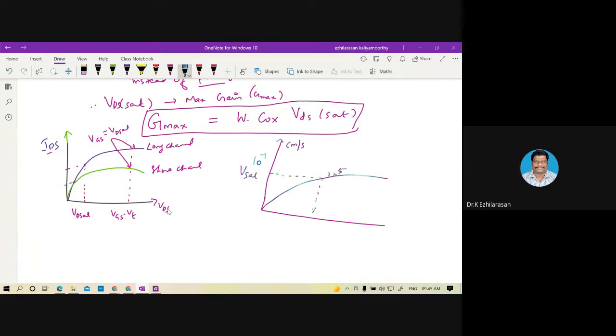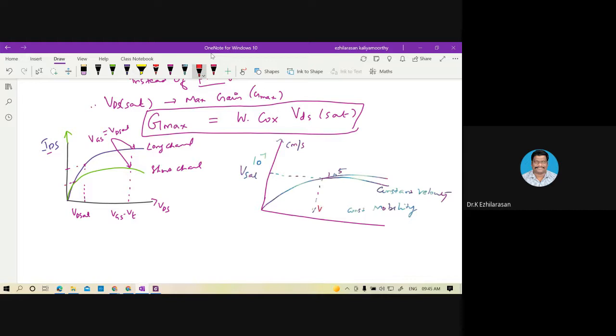After this, we get a constant velocity, because as I mentioned, at a particular point of time there will be constant velocity. If it is constant velocity, then there is constant mobility. That is why we write it like this.